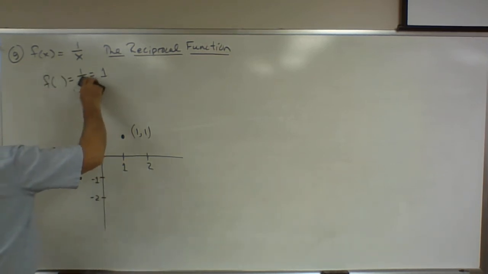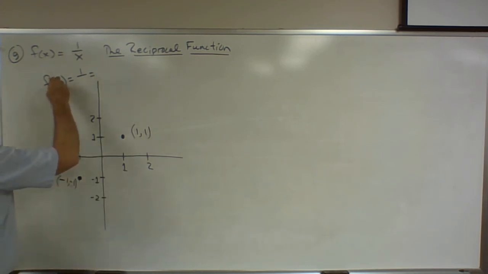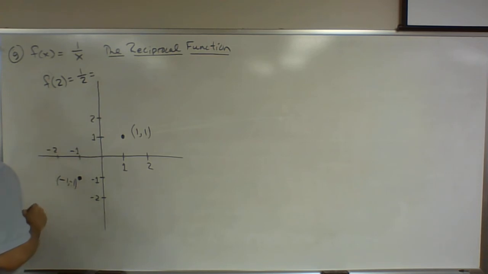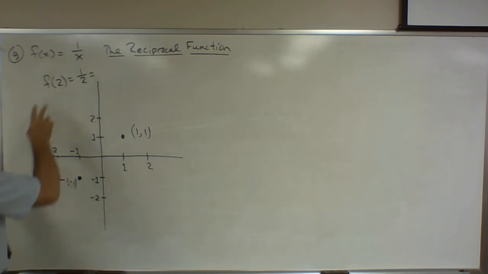Oh, let's take 2. If I let x equal 2, then I get 1 over 2. So let's say, when x equals 2, y equals f evaluated at 2, which is 1/2.